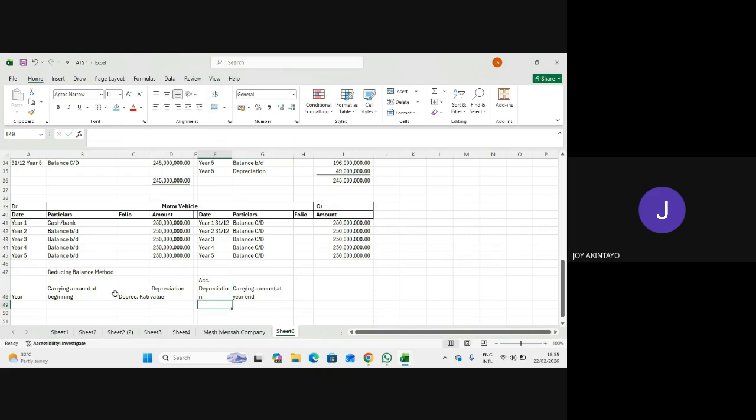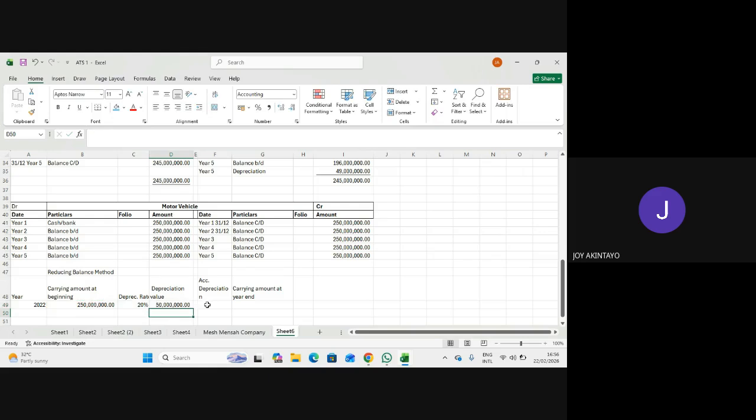Are we together? So 2022, we know that we will have 250 million. Then the depreciation rate is just 20%. So what's 20% of this? 20% of this will just give you this.